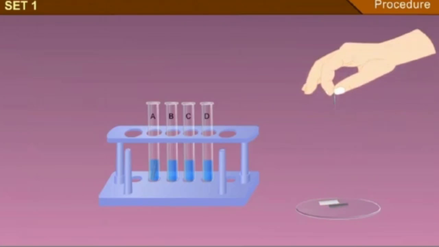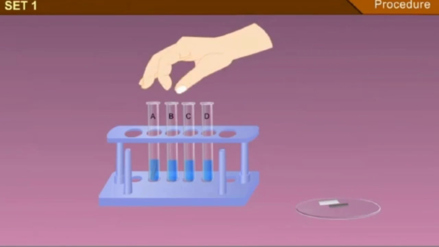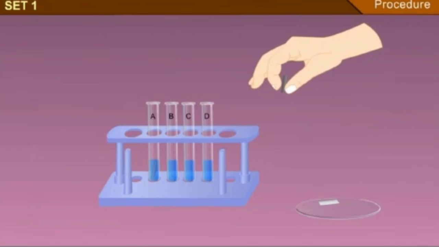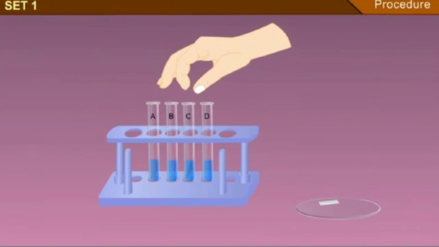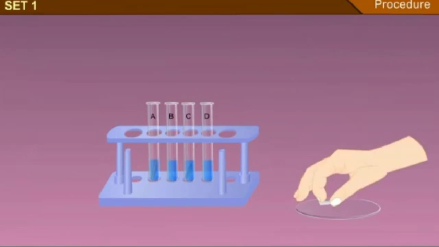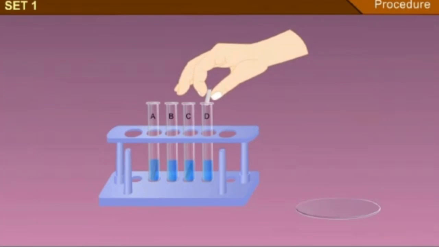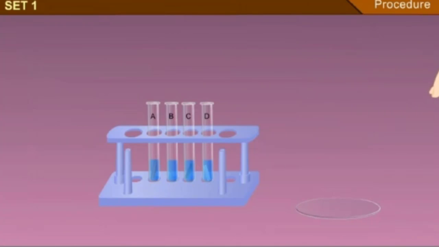In the test tube B, introduce a small piece of iron rubbed by sandpaper. 3. In the test tube C, introduce a small piece of zinc rubbed by sandpaper. 4. In the test tube D, introduce a small piece of aluminium rubbed by sandpaper.